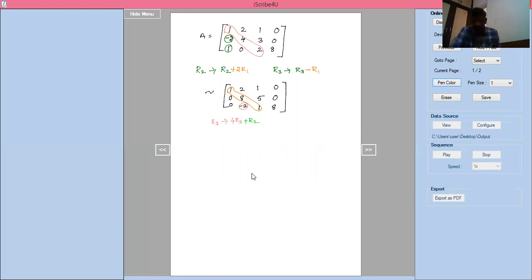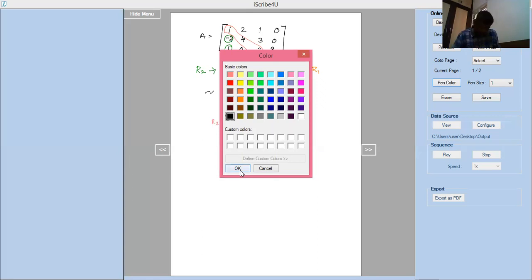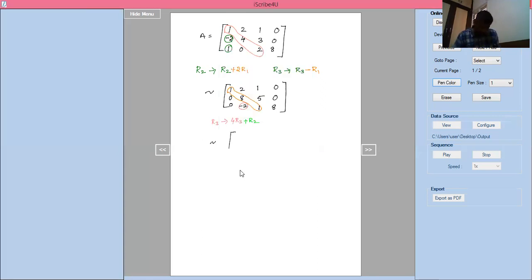Next, I can simplify this. Here the first row and second row I am writing as it is: 1, 2, 1, 0, 0, 8, 5, 0. Next, R3 implies 4R3 plus R2. 4 into 0 plus 0 is 0.